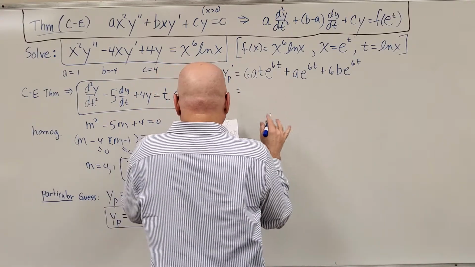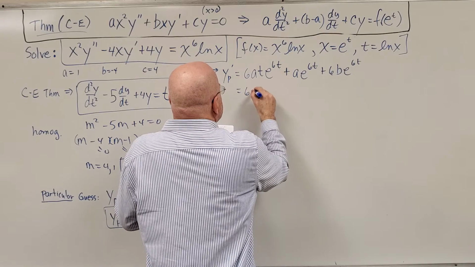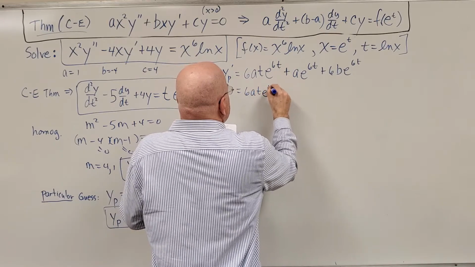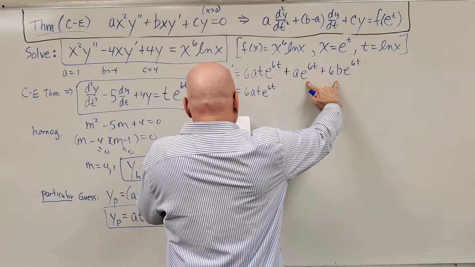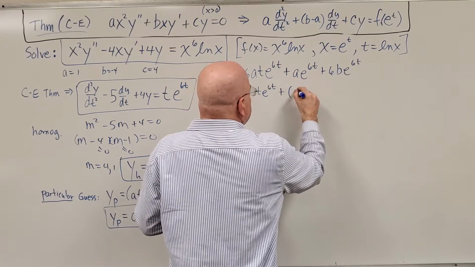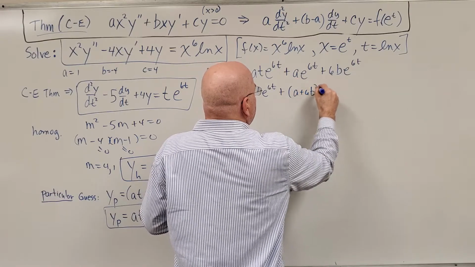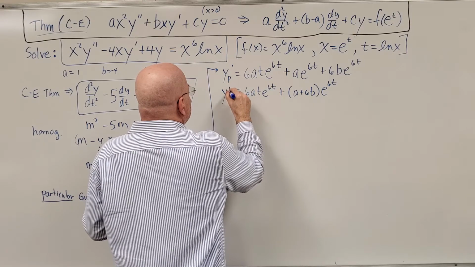And I'm going to regroup that so that we get 6at e to the 6t. And then these are like terms. They both have e to the 6t. So I'm going to take the a plus 6b times e to the 6t. And that's my y prime p.